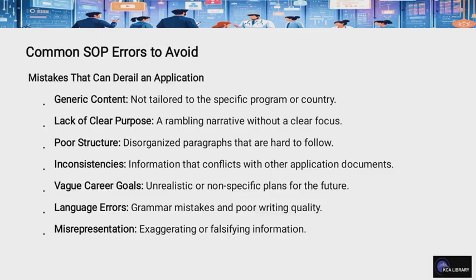Common errors to avoid when you're talking about the statement of purpose. The first is generic content, just like we said, and the second is lack of clear purpose, a rambling narrative without a clear focus. You also need to be careful of poor structure, which is disorganized paragraphs that are hard to follow, and inconsistency, that is information that conflicts with other application documents.